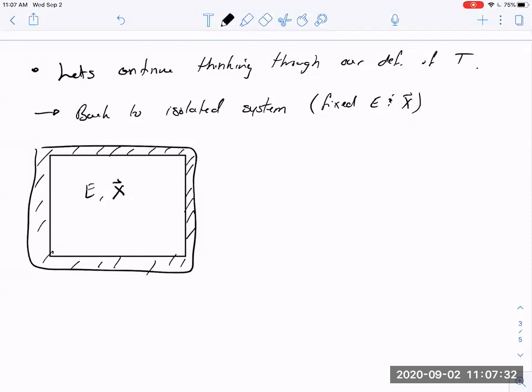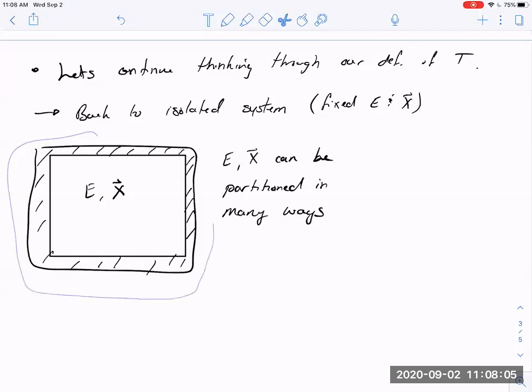Now within that box, I can imagine distributing the energy and those mechanical variables in a number of different ways. Another way of saying distributed or placed, they could be partitioned in different ways. For example, let's be fancy.